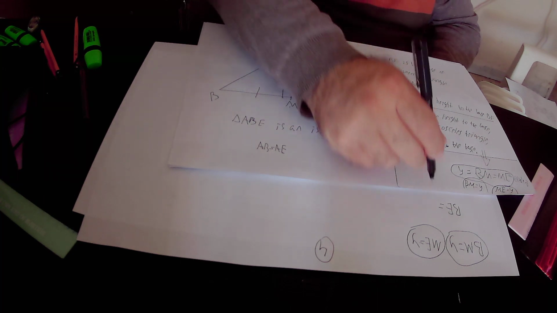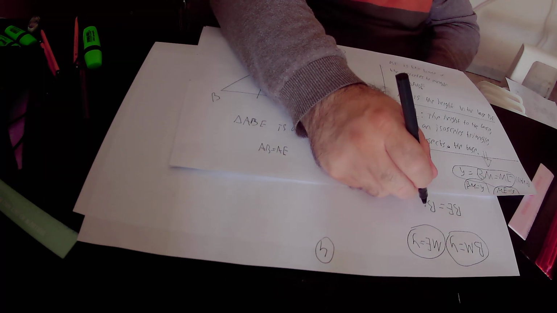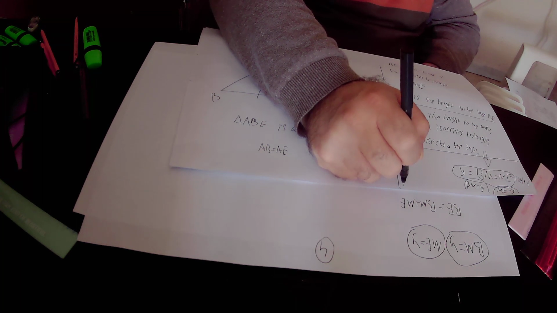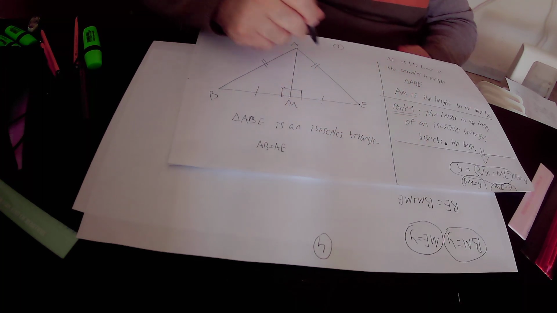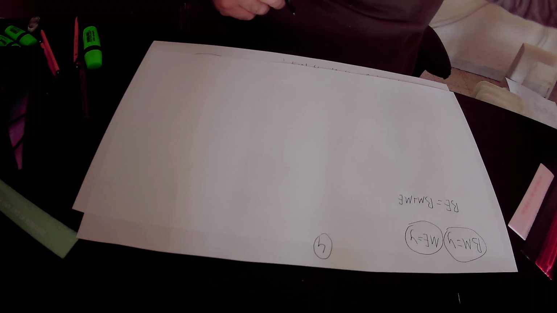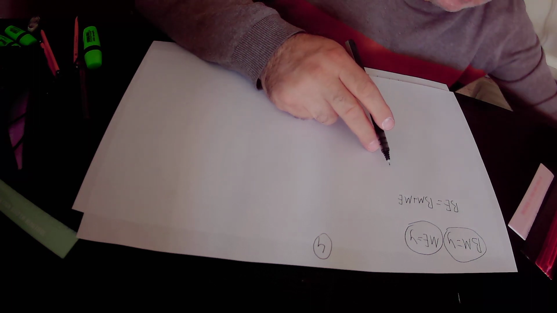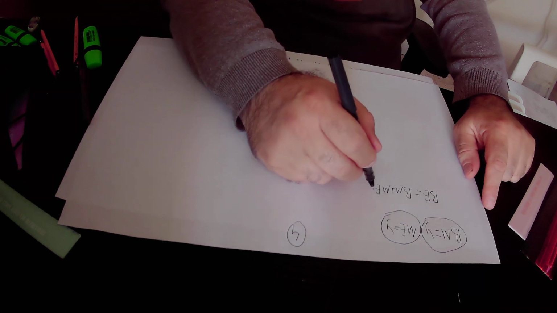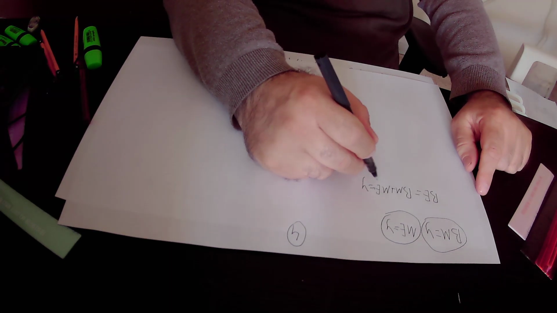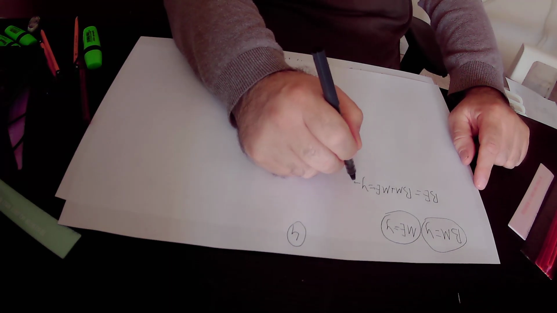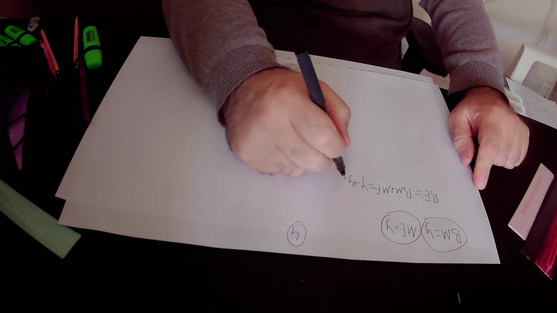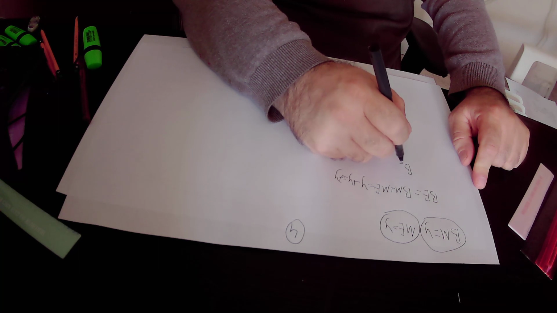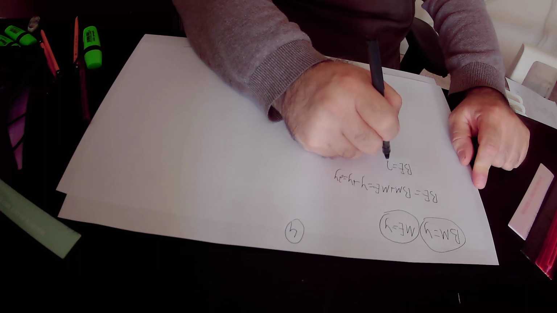BM equals Y and ME is also Y, so it is Y plus Y, which is 2Y. So from one side, BE is equal to 2Y.